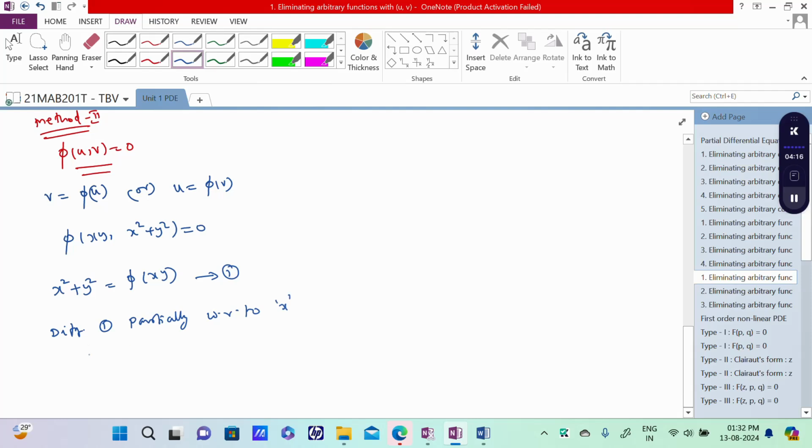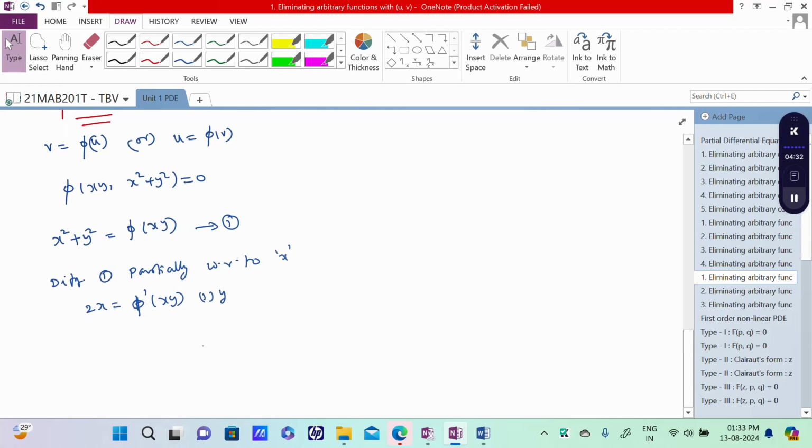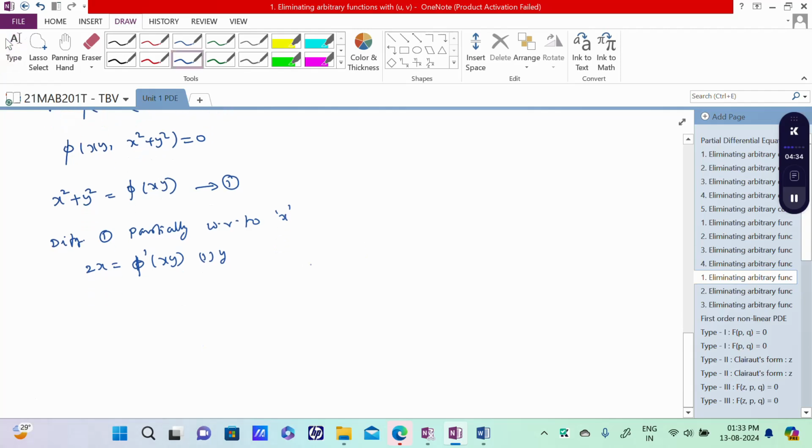When I am differentiating this, 2x equal to phi dash of xy, and the variable differentiation is x, 1 with respect to x, then the constant is y. So 2x divided by y, because I take this y to the left hand side, equal to phi dash of xy, and this is equation number 2.